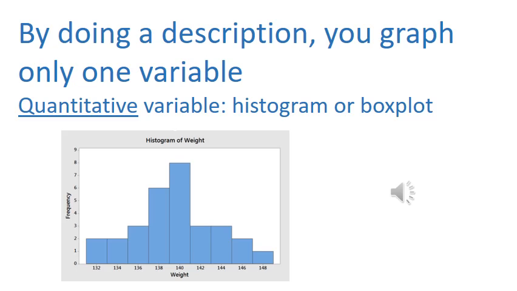You can see if it's a pretty symmetric distribution, skewed left, or right, and Excel also gives you the mean of your distribution. So there's a lot of things you can get from one histogram that describes one quantitative variable.